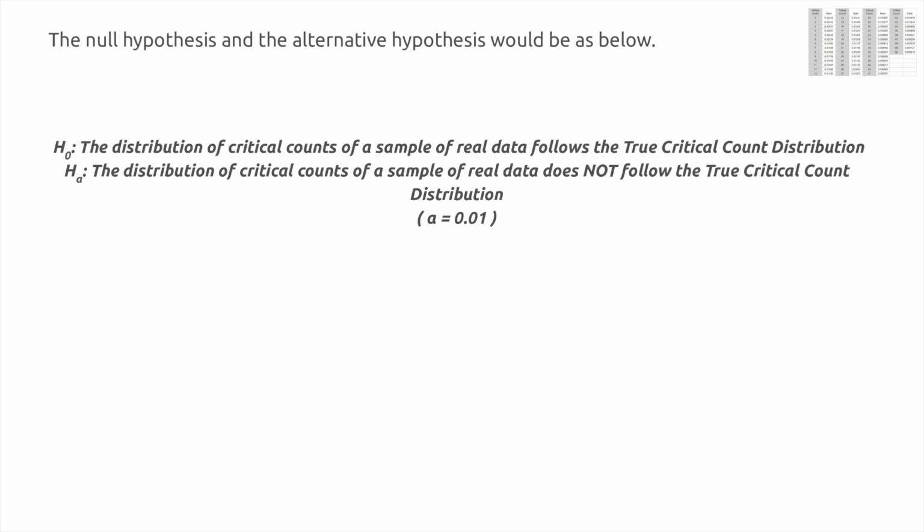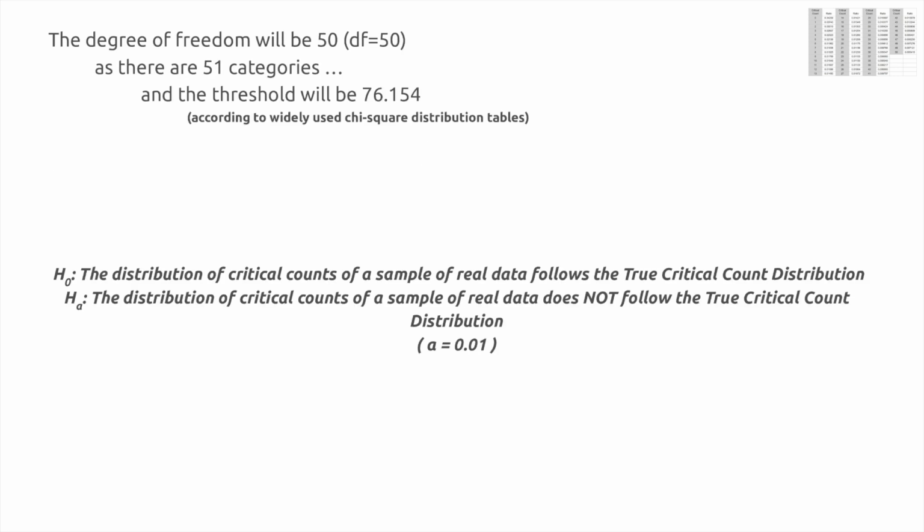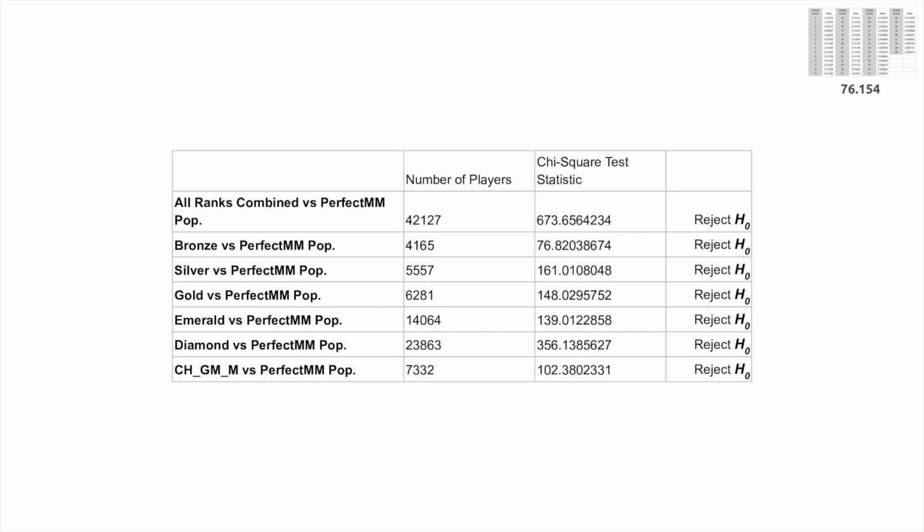The null hypothesis and the alternative hypothesis would be as below. The degree of freedom will be 50, as there are 51 categories, and the threshold will be 76.154. If our value is bigger than 76.154, we will reject the null hypothesis. This table shows the results.